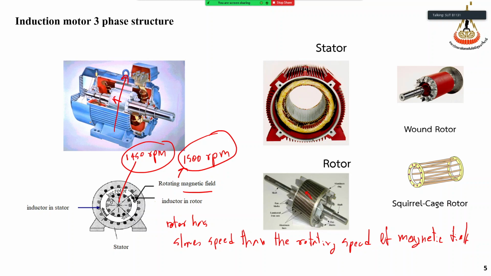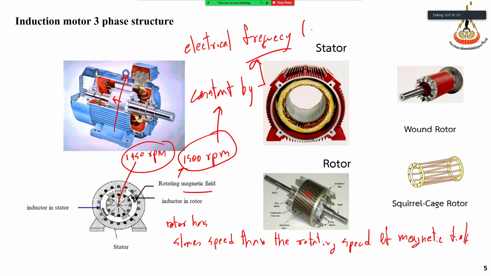The rotating magnetic field is constant, set by the electrical frequency, for example 50 Hertz or 60 Hertz. In Thailand, we have 60 Hertz. This speed never changes because the magnetic field is caused by electricity, but the rotor speed can change a little.